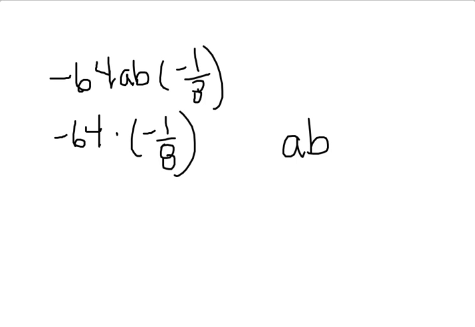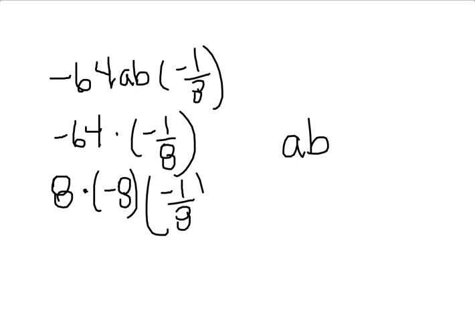And now tell me, what do you know about 64? It's a product of 2 numbers, and it's actually the product of 8 times 8. So negative 64 is like positive 8 times negative 8. And then I have that times negative 1 over 8, all times AB.